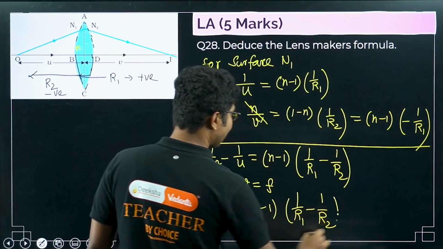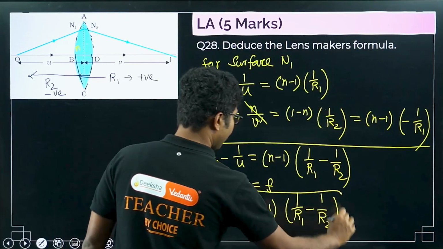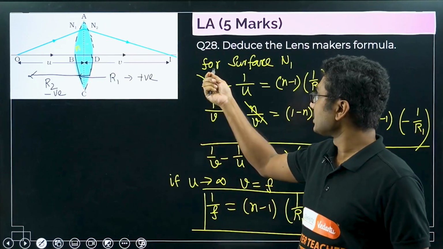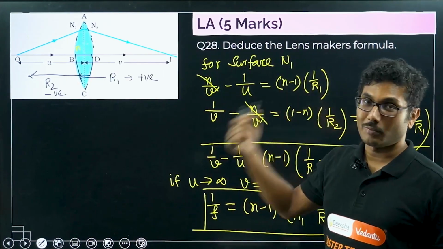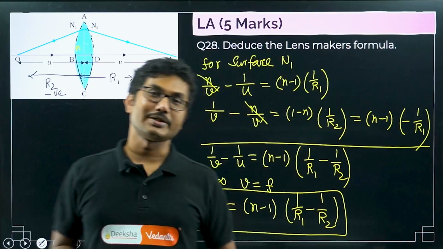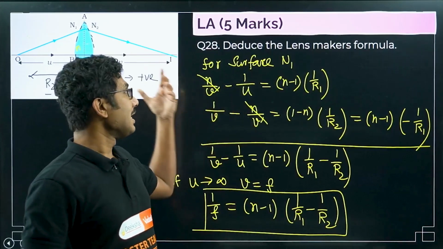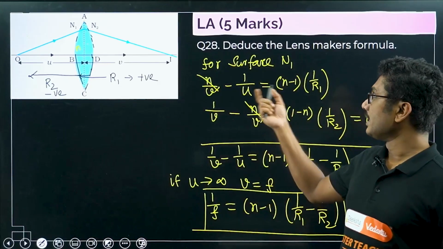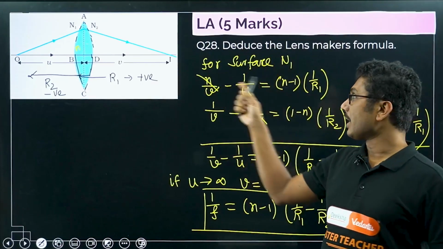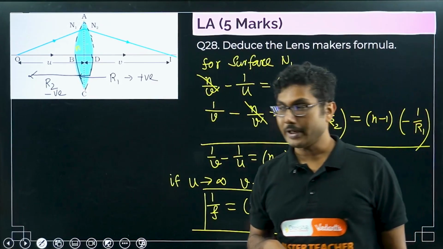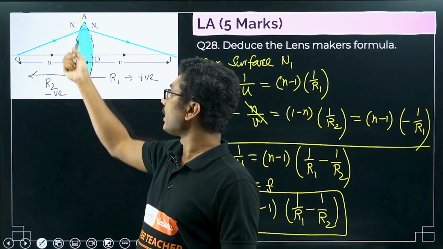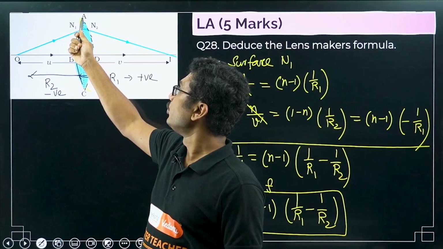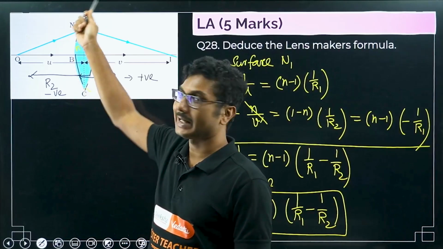Now this is just the derivation part I have explained. You have to slightly describe this image, and you have to explain that for normal surface refraction, we know the relationship in case of a spherical surface is given by this formula, okay, and intermediate image distance is v dash, then you can write this equation. Okay, so whatever image is formed by this surface, that is v dash, that image will act as an object for the second surface.